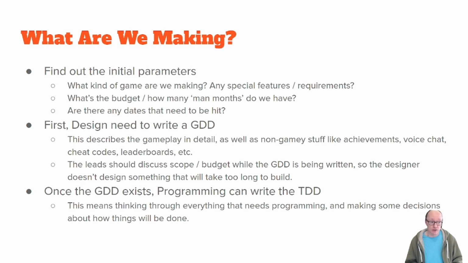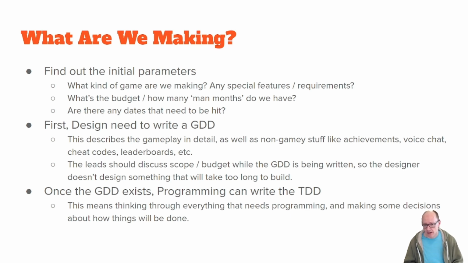Maybe it needs to come out in time with a new season of the cartoon that's going to be on TV, or a new movie that's coming out, or perhaps they just want to ship it before the holiday sales period, near the end of the year, so that people will buy it as Christmas presents. So you need to know these things. What are we making? What are the high level requirements? What's the budget? What kind of team size can we have? For how long? And are there any dates that need to be hit?